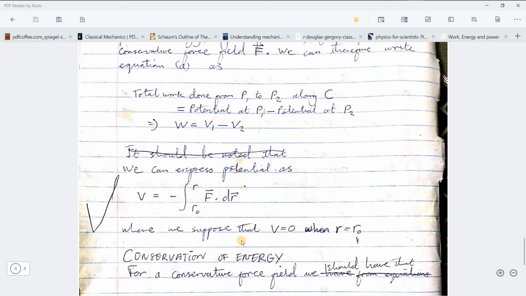Since we have supposed that V is equal to 0 when R equals R0, we have to get V equals 0.